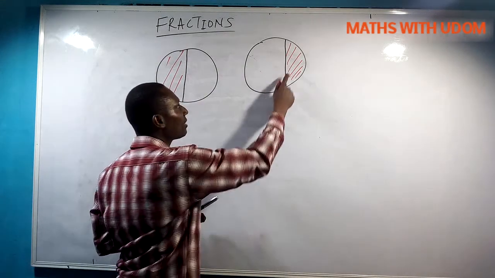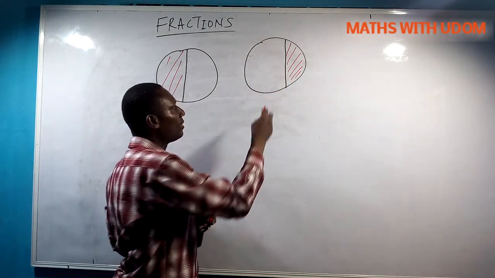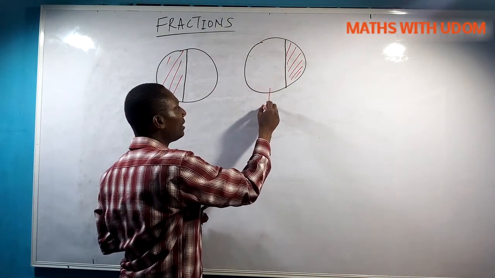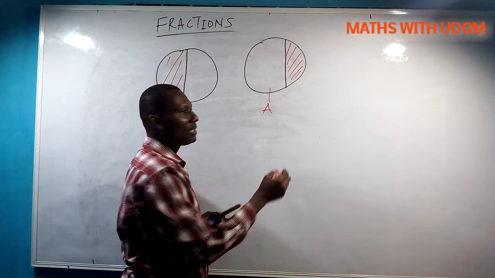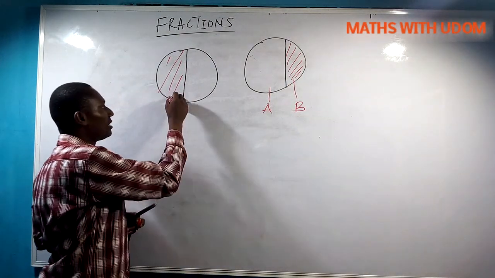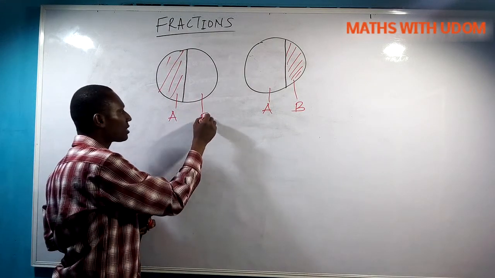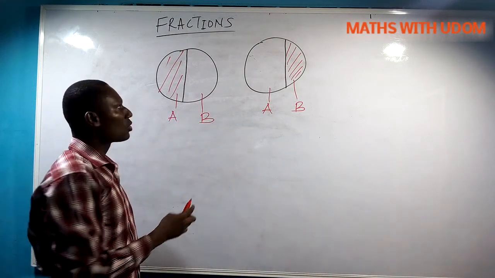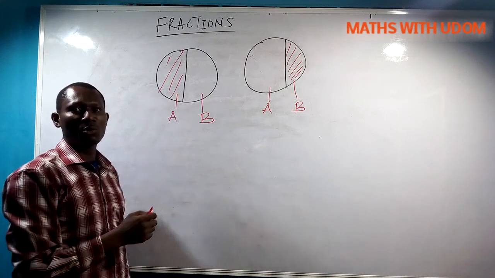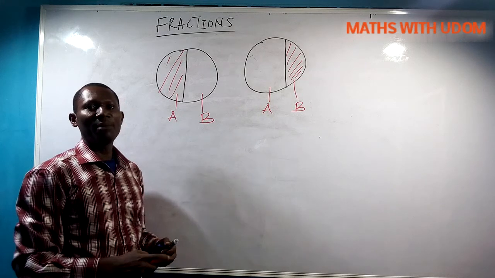Side A is bigger than side B. Whereas for this part, side A is equal in size with side B. So whenever you are dividing a particular plane shape, ensure that you divide it equally.